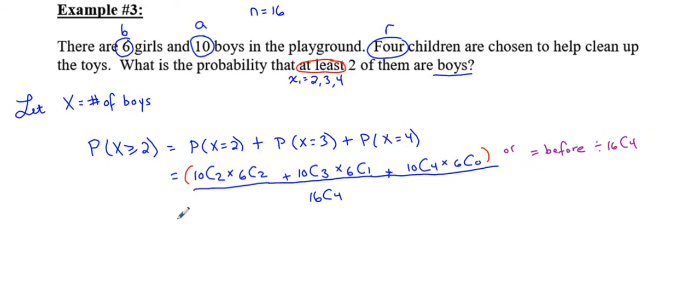So it doesn't matter which way you do it, but in lowest terms, your answer should be 321 over 364, which is approximately equal to 0.882.